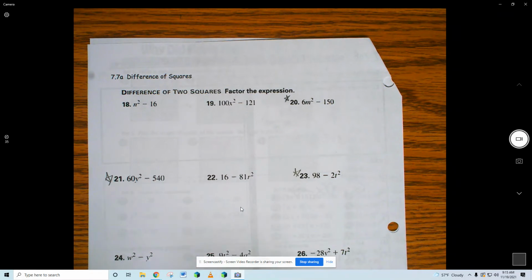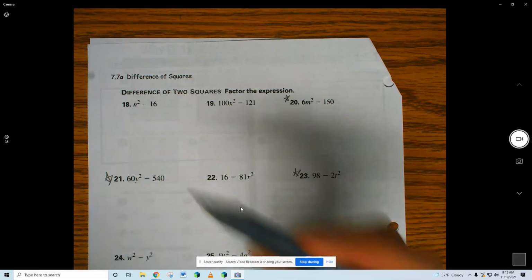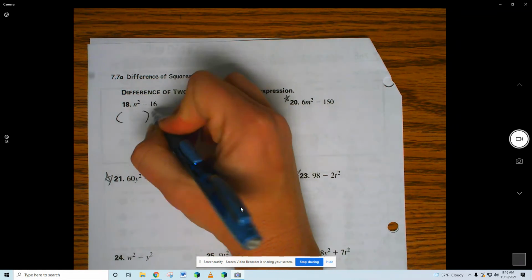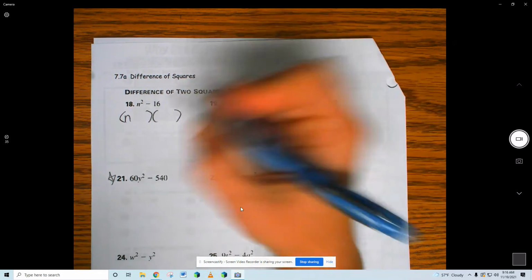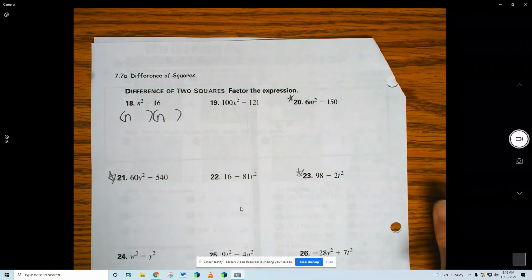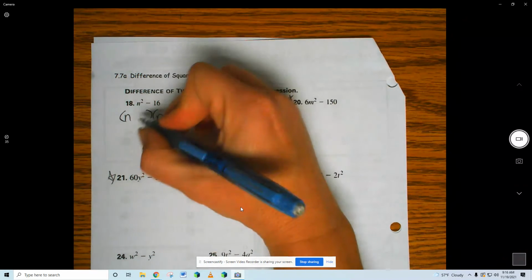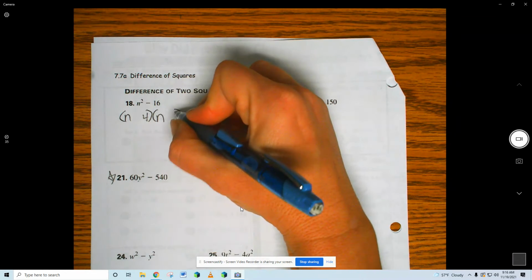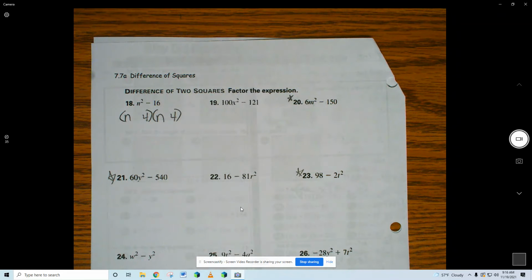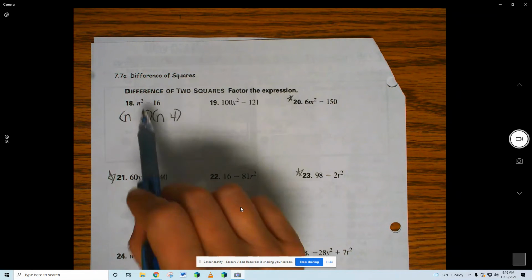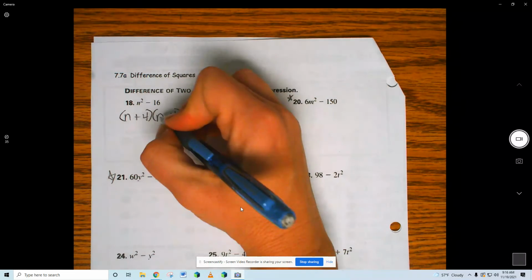Okay. N squared minus 16. What makes n squared? N times n. What makes 16? 4 times 4. What's the signage of difference of squares? Plus minus.